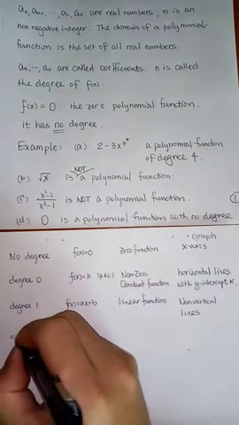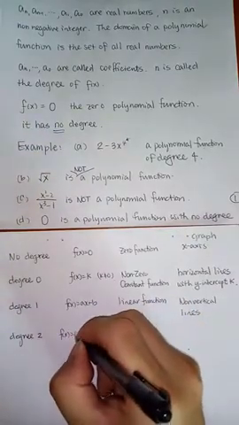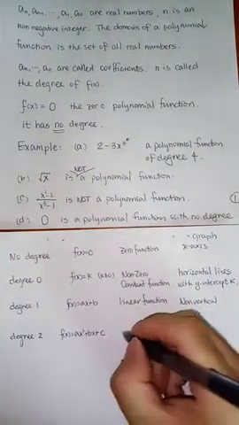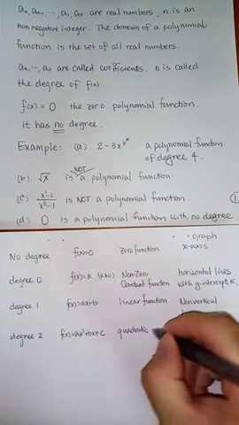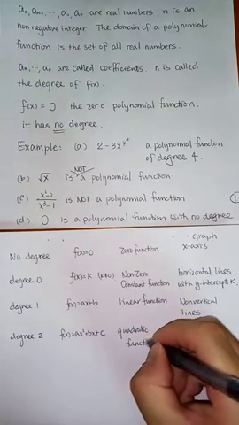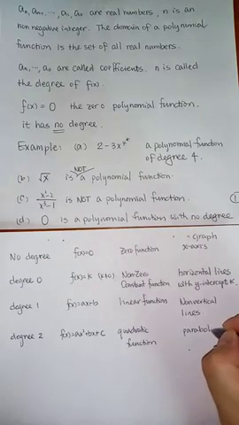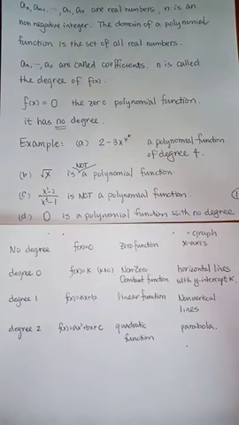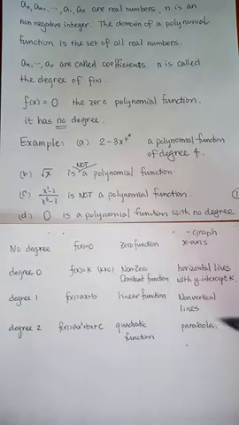If you have degree 2, f(x) is ax squared plus bx plus c, a quadratic function. The graph is a parabola. It opens up or opens down, depending on the sign of a. So those are special cases of polynomial functions.